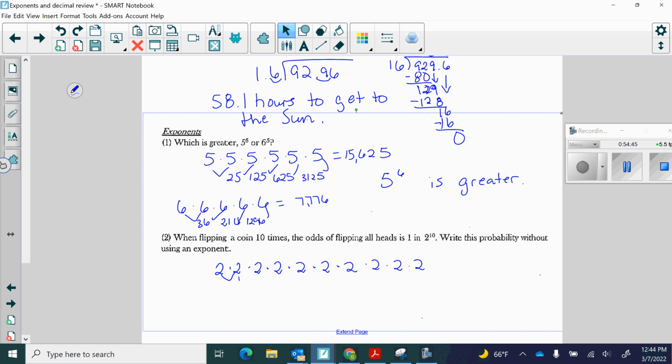So 2 times 2 is 4, times 2 is 8, times 2 is 16, times 2 is 32, times 2 is 64, times 2 is 128, times 2 is 256, times 2 is 512, and times 2 is 1,024. So the odds are 1 in 1,024.